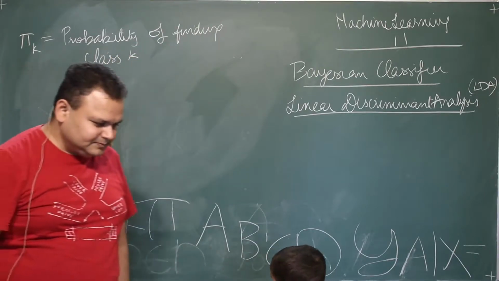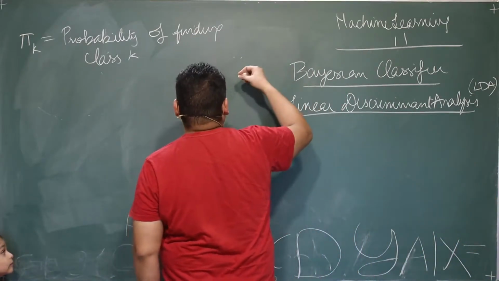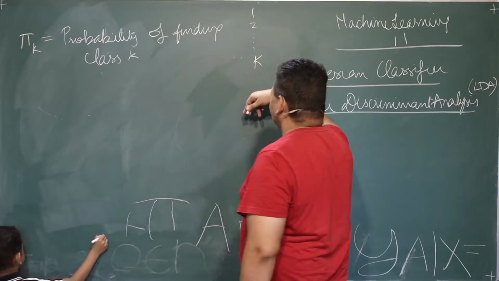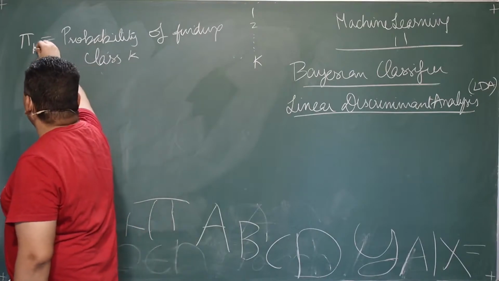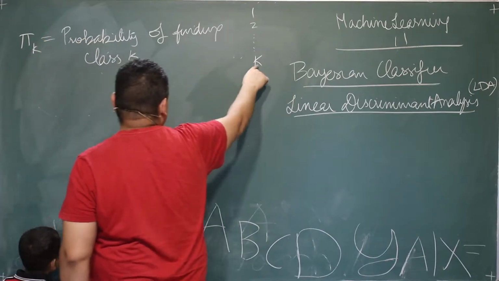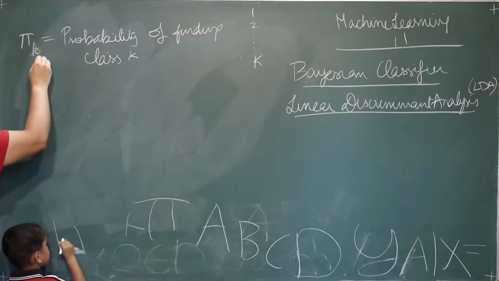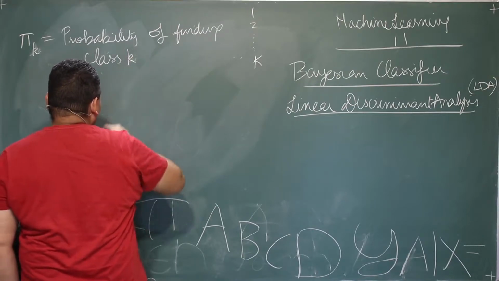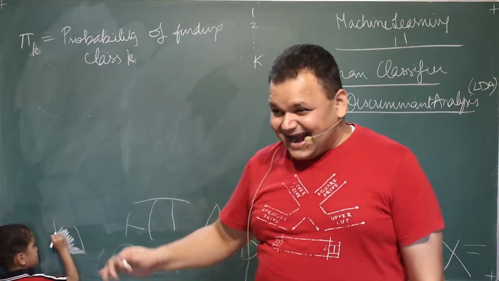We have a system where we have 1, 2, 3, up to capital K classes. Pi small k, this is a small k, so please try to see the difference between capital K and small k. What is the probability of finding an output which is class k? Any idea how you would do that?